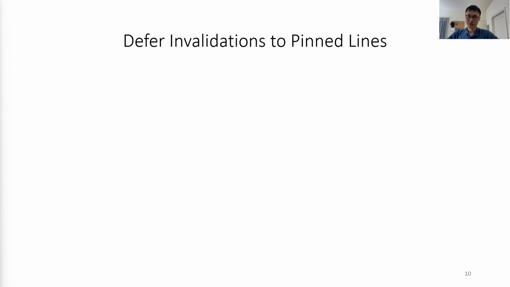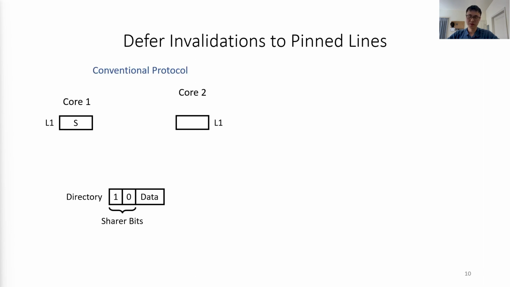To see how we change the cache coherence protocol to delay invalidations to pinned lines, let's start with how a conventional protocol handles a remote write. In this example, we have two cores, and core 2 tries to write to a shared line which is present in core 1's L1 cache in a shared state. With a conventional protocol, core 2 issues a write to its L1, then its L1 sends a getX message to the directory, trying to exclusively grab the shared data.